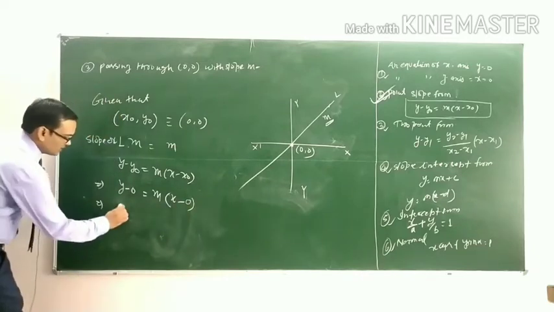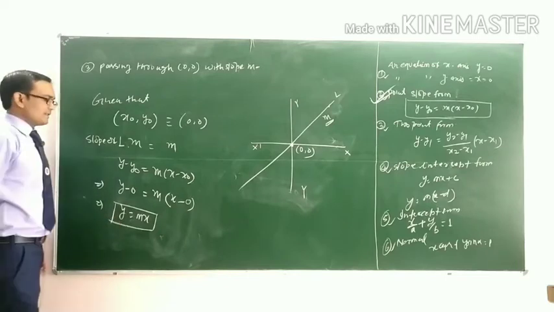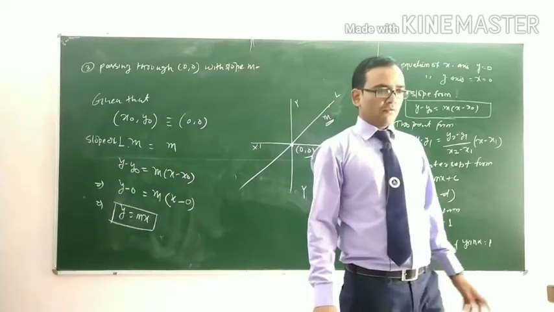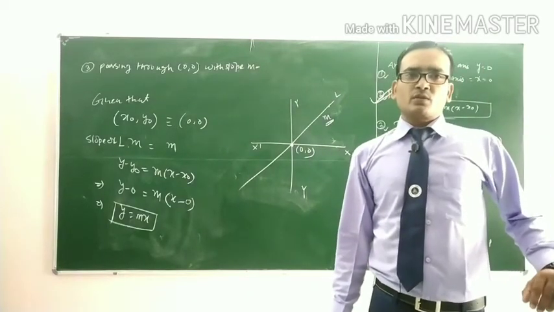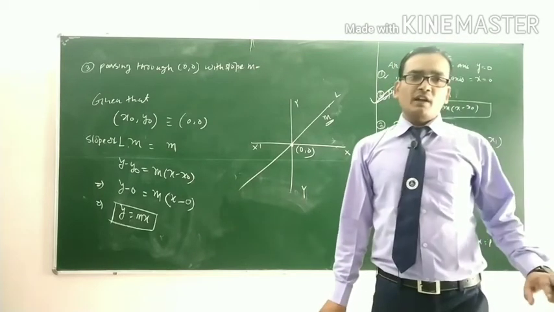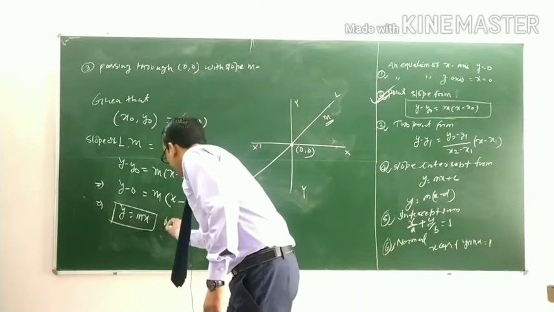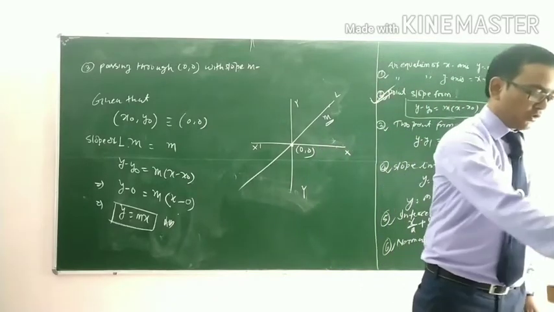This implies y equal to mx. The equation of the straight line passing through the point 0, 0 with slope m is y equal to mx. This is the answer. Let us move to question number 4.